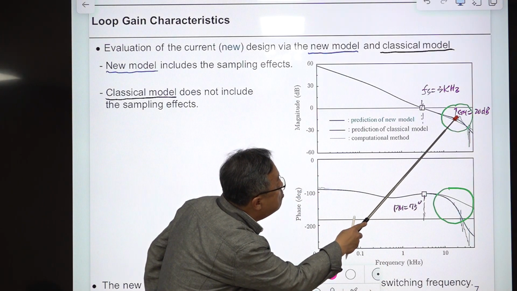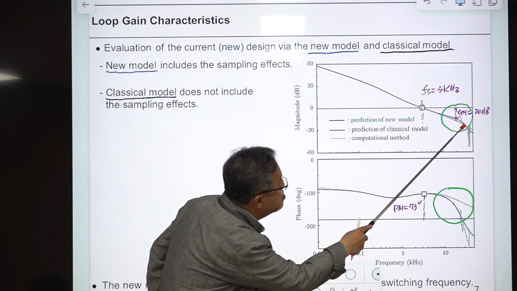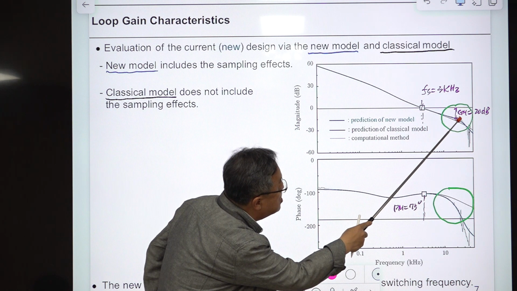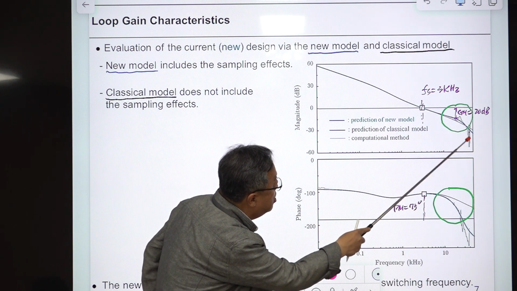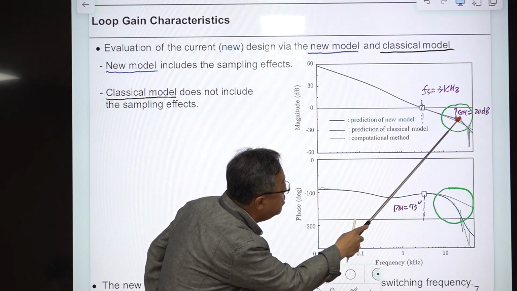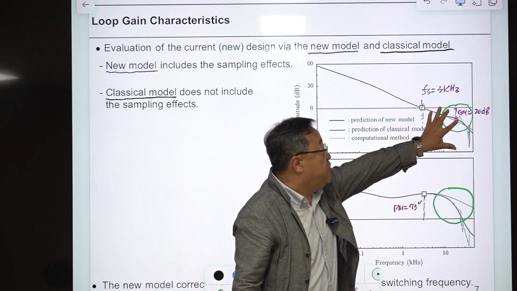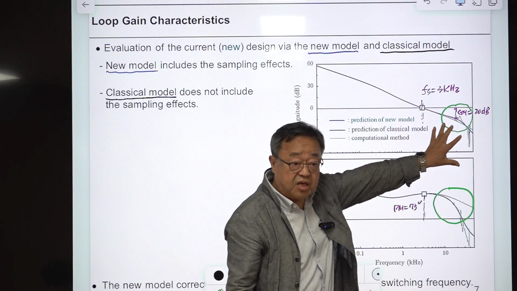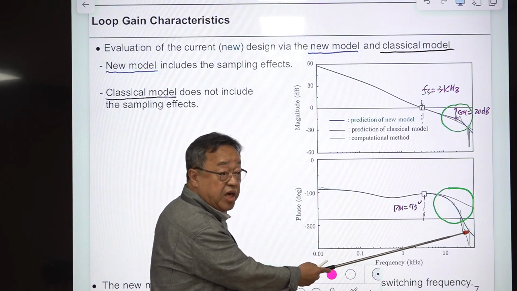Okay, there is some peaking here, slight peaking. This can be considered as the exact one, maybe very similar to the experimental result, and this blue line is closer to this original one. So we have some improvement in the prediction of the high frequency characteristic of loop gain, magnitude, and phase.